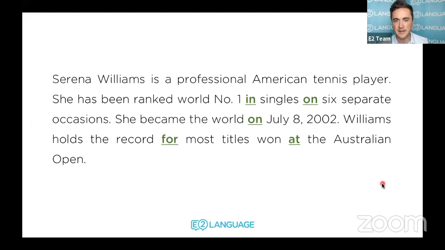There were 5 here. There was in, on, for, and at. They are the prepositions in this paragraph. You can see that they are used very often. In a single paragraph here of 2 sentences, they're used 5 times. So we need to be precise when we use our prepositions.